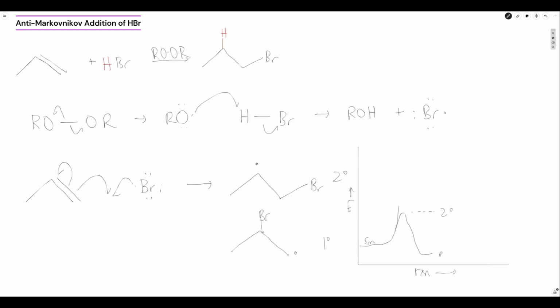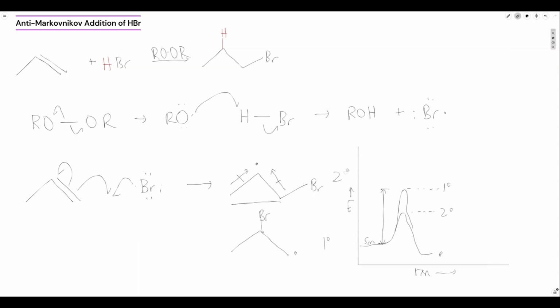That's the energy level of a secondary radical. And here is the higher energy required to go through a primary radical. So the energy level to get through the primary radical intermediate is prohibitively high. And so that's the reason that this is the preferred intermediate. It will make this intermediate. Why? Because the electron deficient radical has two alkyl groups stabilizing it via induction.